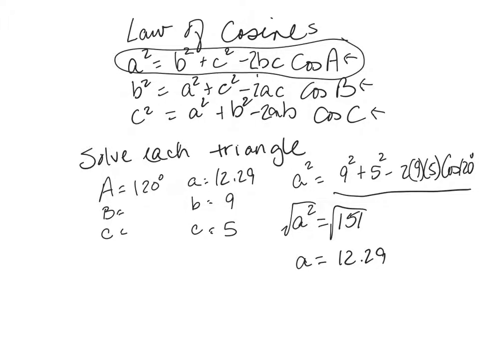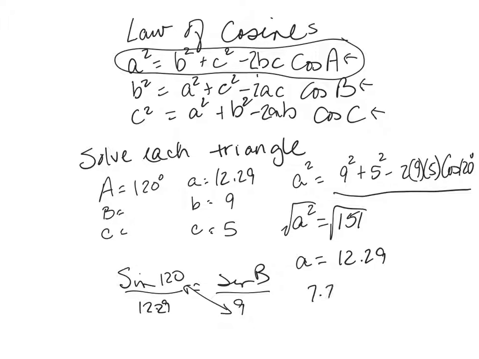Switch over to the law of sine, so you have sine of 120 over 12.29 equals sine of big B over 9. You cross multiply this, sine of 120 times 9. What's sine of 120 times 9? 7.79 equals 12.29 sine of B. Then divide by 12.29 on both sides.